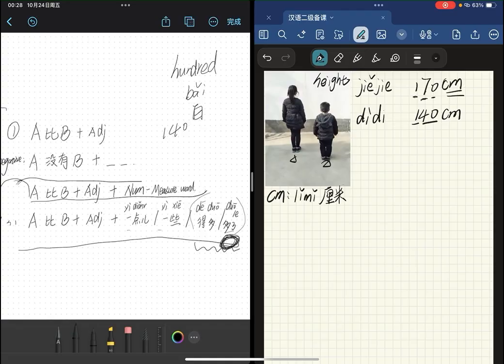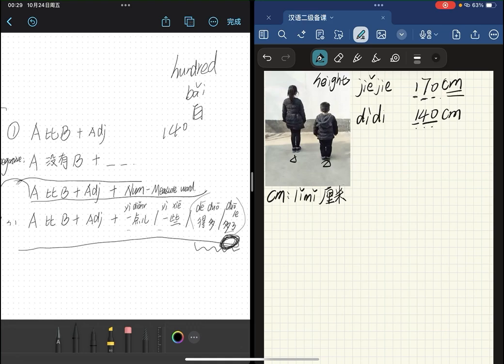You just say 170 to express your height. And this one, you can just say 140, reading the numbers in order to express your height.